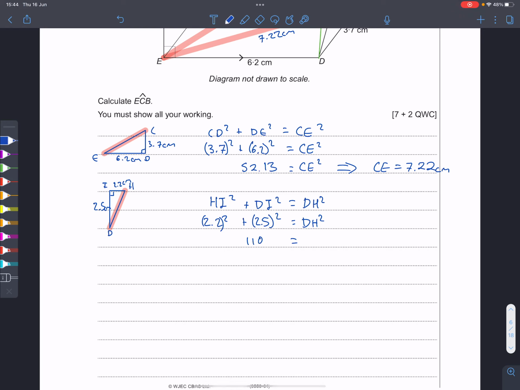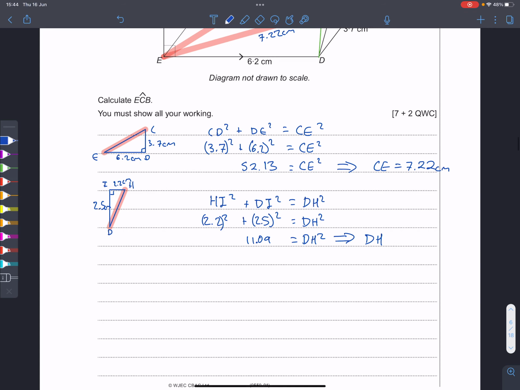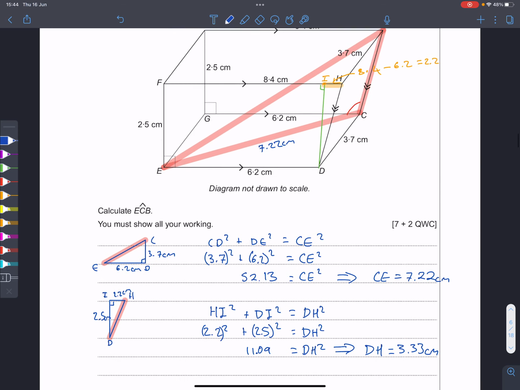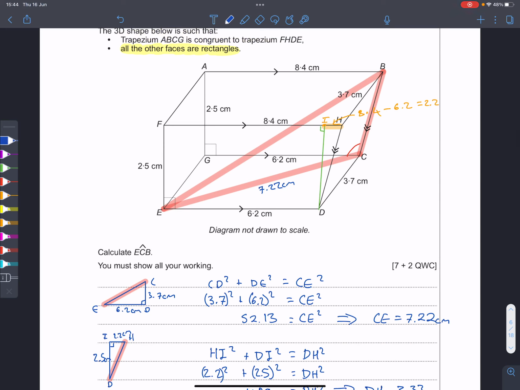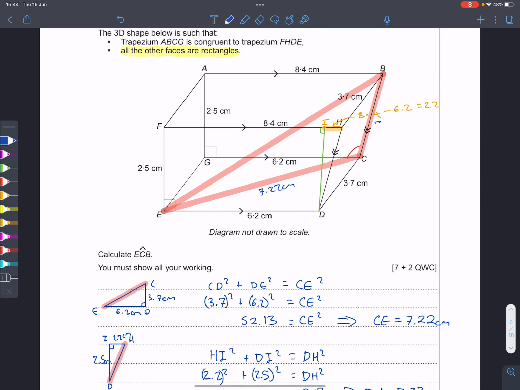So 11.09 is DH all squared, which if I square root everything, tells me that DH is 3.33. So that's two of my three sides worked out. This one has been done, and now this one has been done.